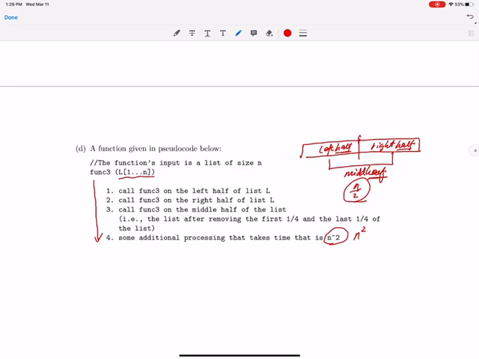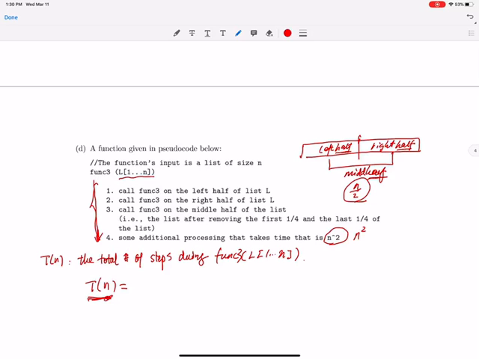Again, let T of n represent the total number of steps during function 3 with this size input. So this is what it represents.